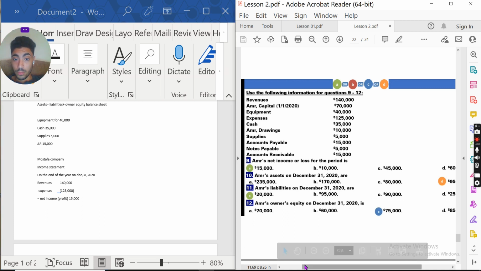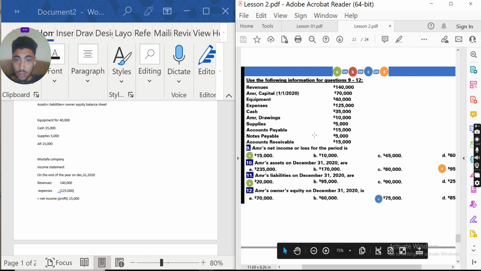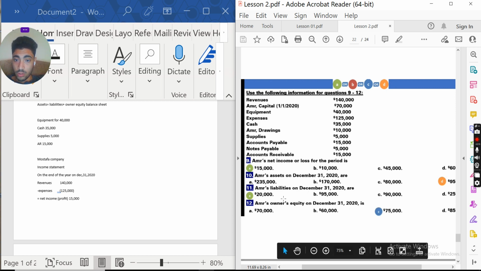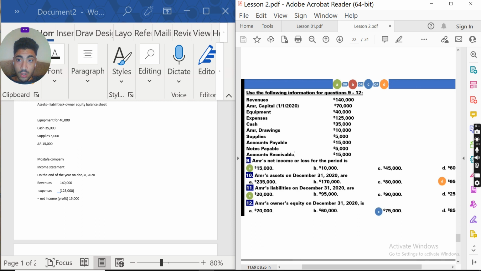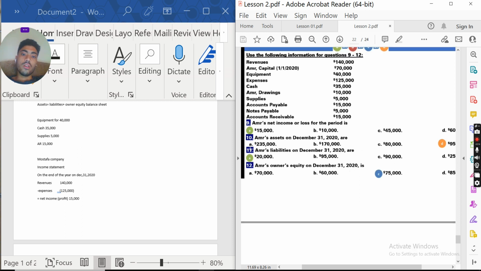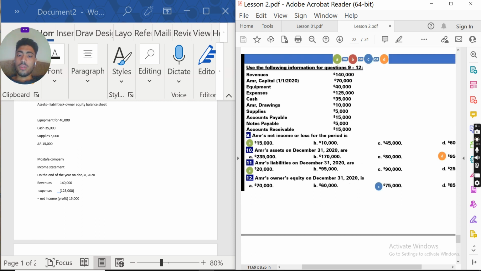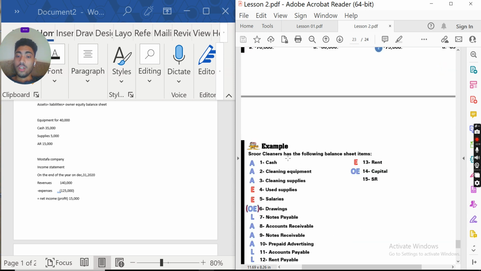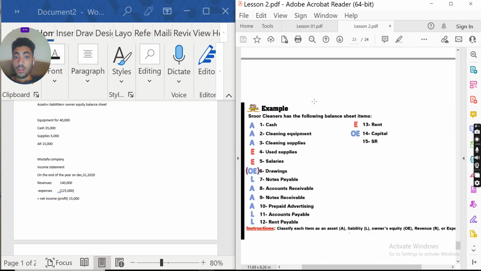Okay, this is an easy one. Number 11, a liability on December 31, 2020. Okay, let's check what the assets are and what the liabilities are.